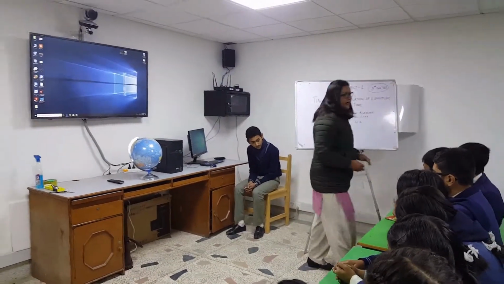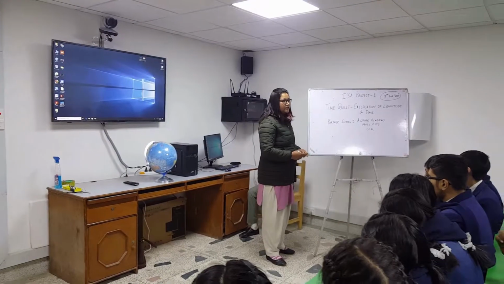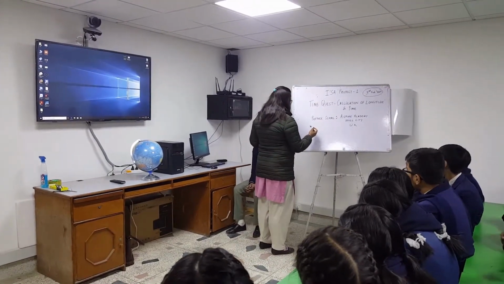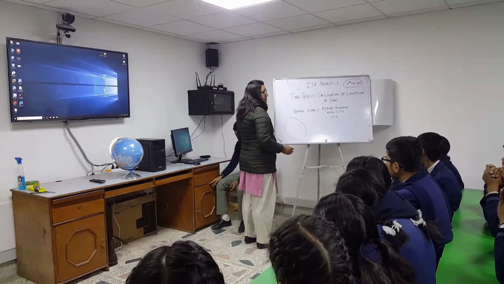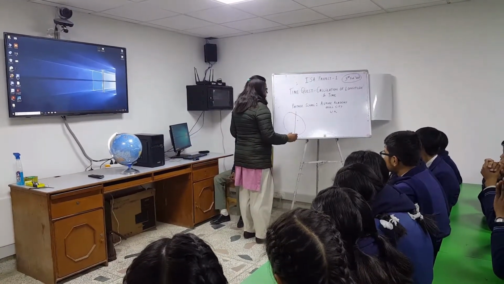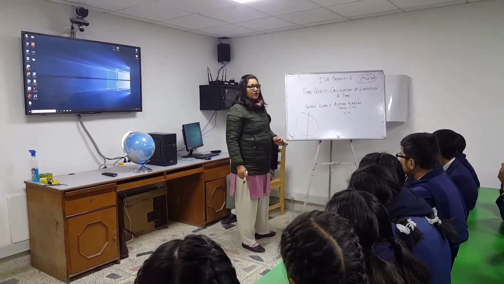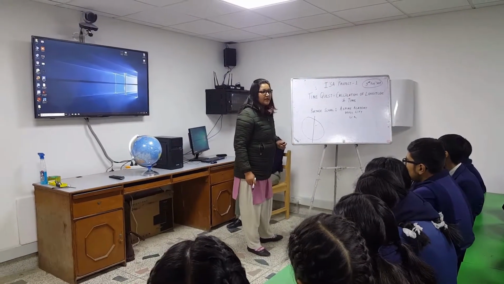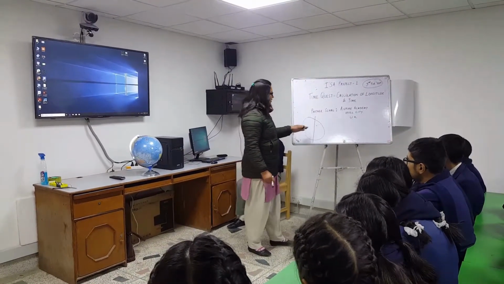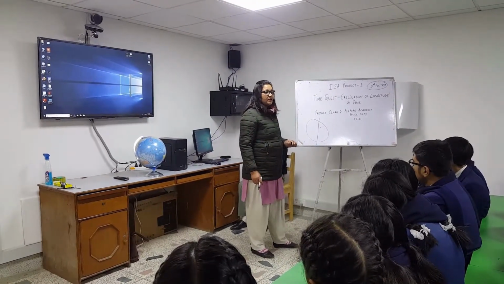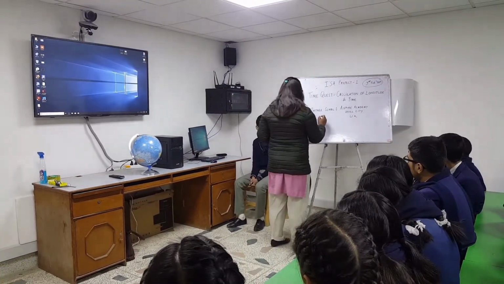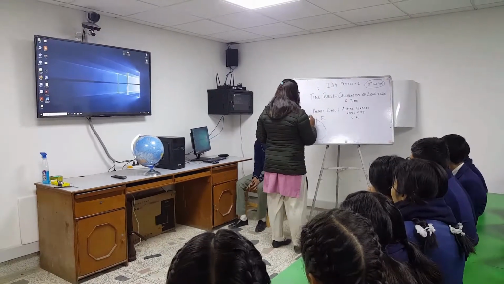We all know that there are two imaginary lines drawn on the earth, is it or not? One is latitude and another one is longitude. So we will be talking about longitude only because we are going to learn how to calculate the time. And longitude helps us to calculate the time of the world. Now this is eastern side and this is western side.